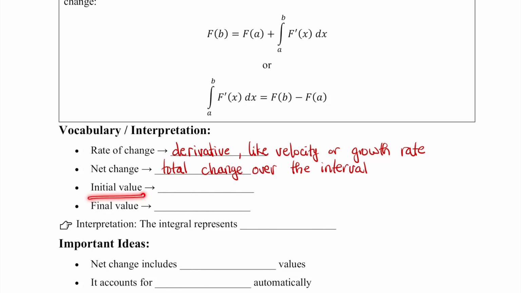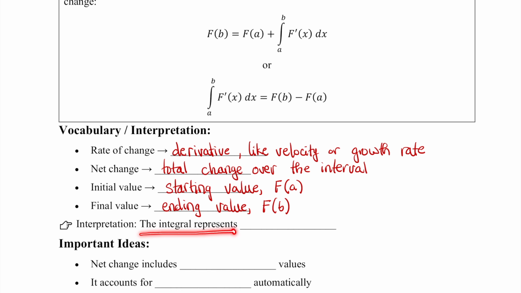Initial value is the starting value, in this case, f(a). Final value is the ending value, in this case, f(b). The integral represents net change, or total accumulation over the interval.